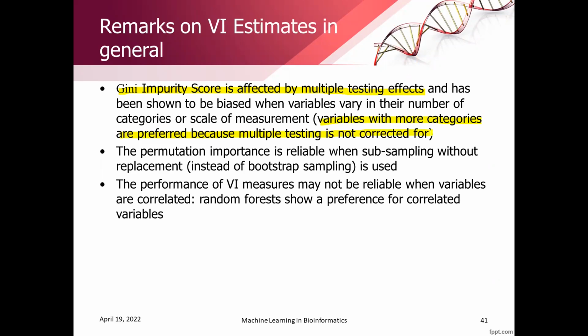Why? Because if we have a categorical variable with many possible values, then when we perform a split according to such a variable, we obtain smaller subsets, maybe closer to purity.